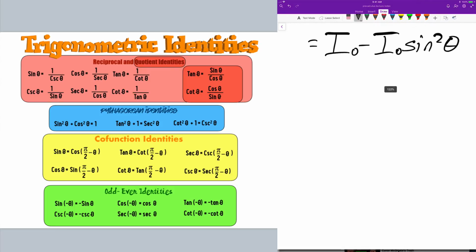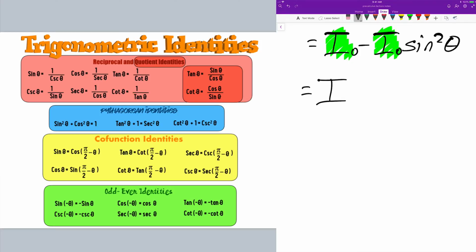As I continue to analyze, I see I have a like term, I sub naught and I sub naught, which I can factor out: I sub naught times 1 minus sine squared theta. So that's my new formula right now.